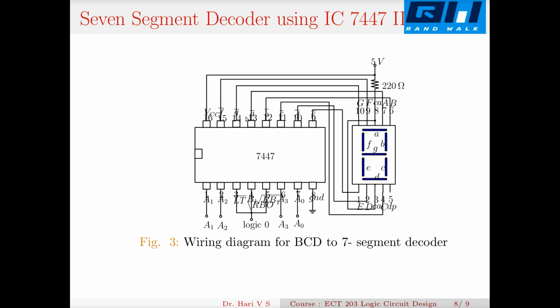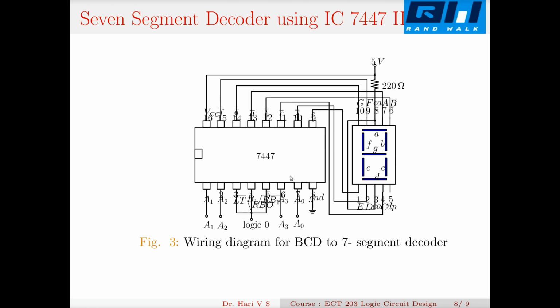So G will not glow, but A, B, C, D, E, F all glow, so you get an indication of a 0. I think I made a mistake previously. When A3, A2, A1, A0 is 0000, G will be high, all other points will be low, so current will flow through all segments except G, and they will all glow.